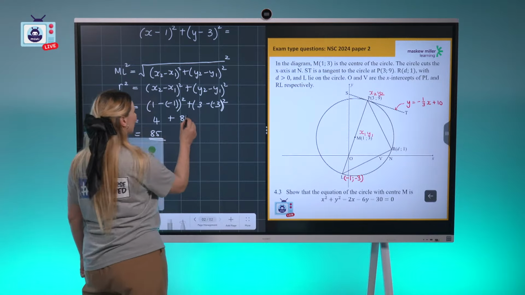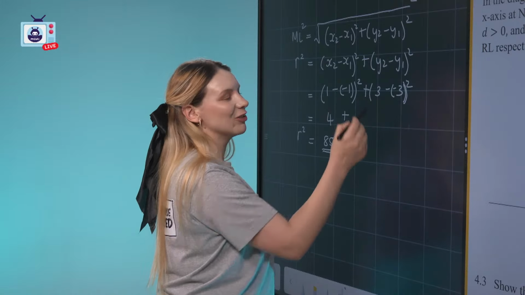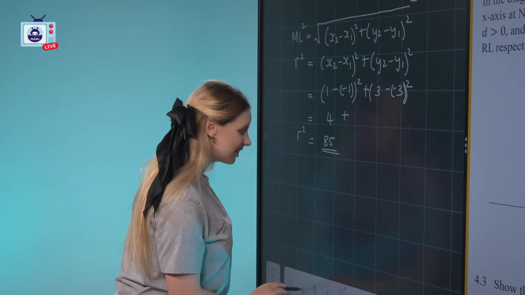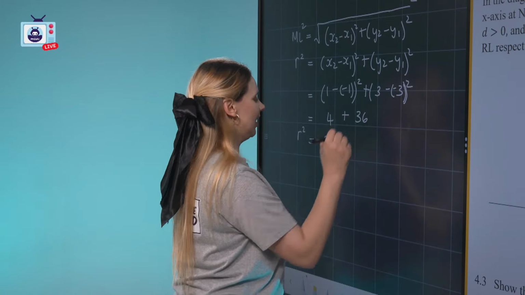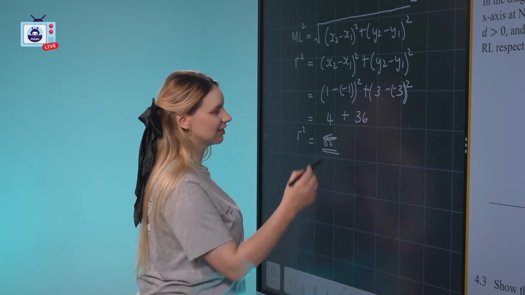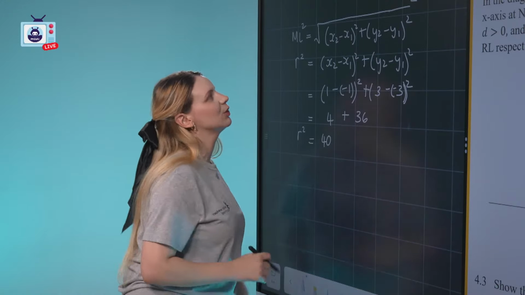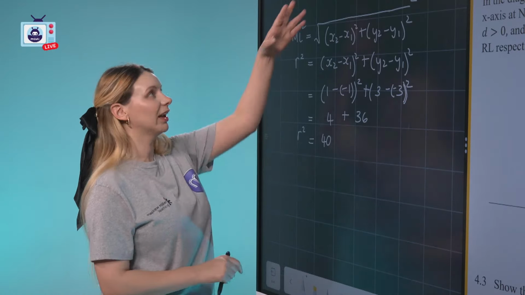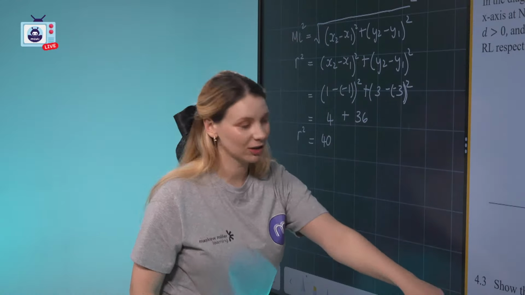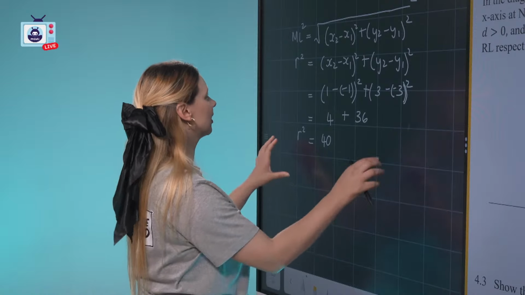I'm not sure where I got 9 from. So 3 minus negative 3 will give me 6. 6 squared is actually 36, right? Okay. Right, so 4 plus 36 is in fact 40. So r squared is equal to 40. Now, if we had put that into our equation, we would not have come to this answer. We would have known we made a mistake, and we would have had to find our mistake.